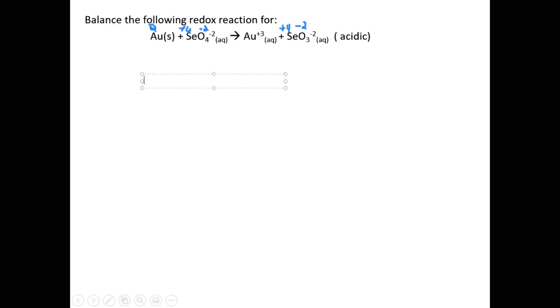So we have SeO4 2 minus plus 2 electrons yields SeO3 2 minus. Again, this is reduction. Then we have gold gives us gold 3 plus 3 electrons.